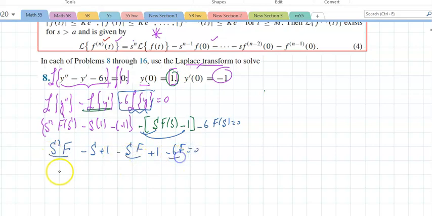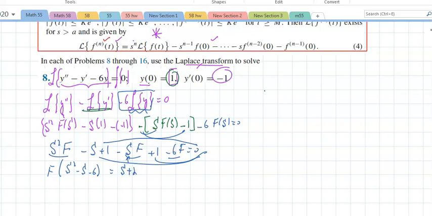Anything with F of s I'll leave on the left hand side. If I factor an F out, I'm looking at s squared minus s minus 6, and if I move those to the right, that will be an s plus 2.